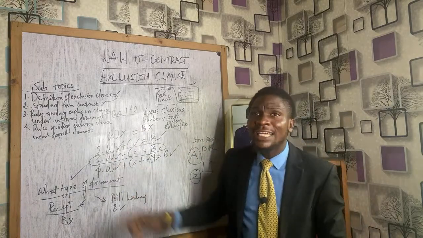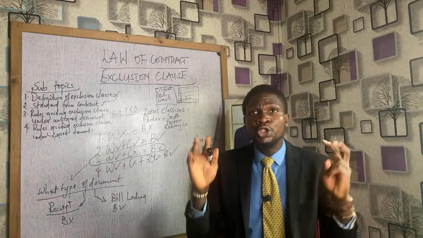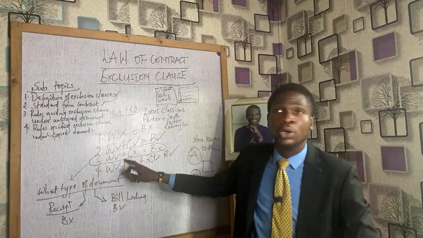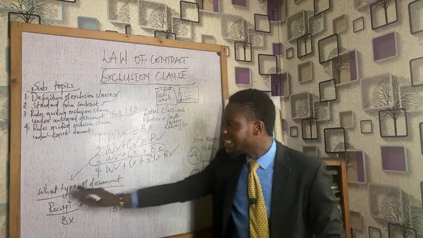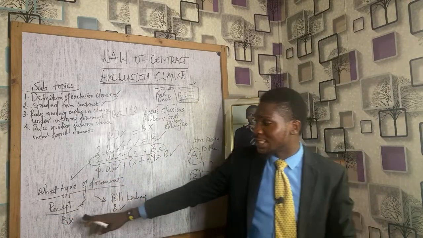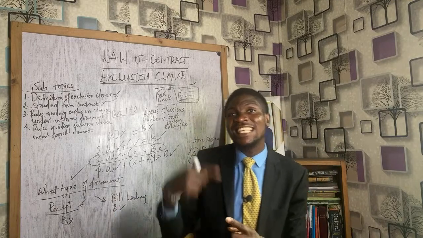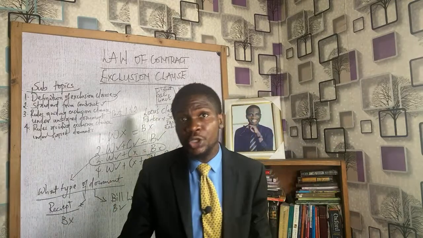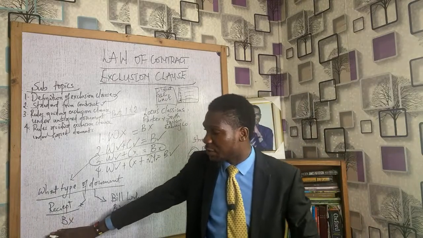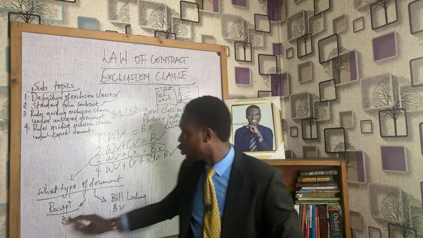So if you knew that there was writing there, but you did not necessarily know that the writing contains conditions, the exclusion clause, it now depends on the type of document. If the type of document is such that you do not ordinarily expect to find conditions, for example a receipt, you would not be bound.